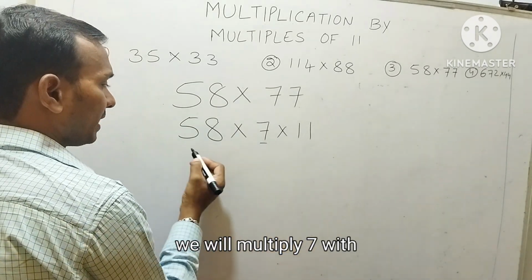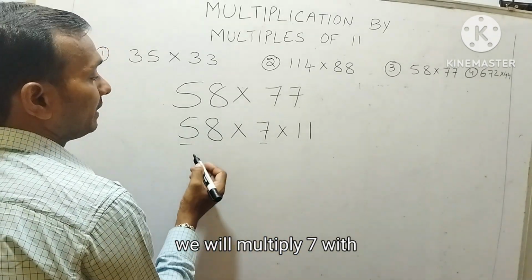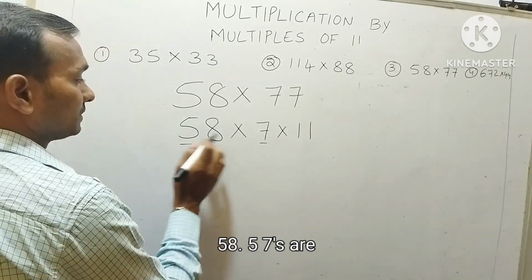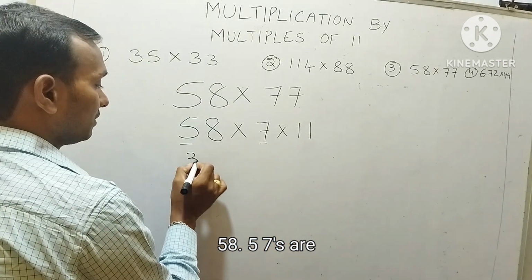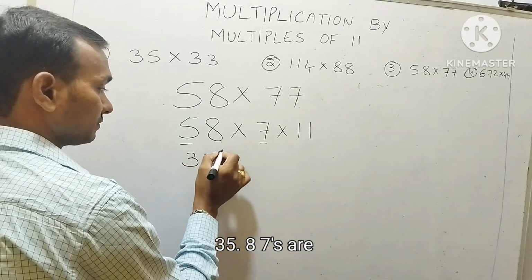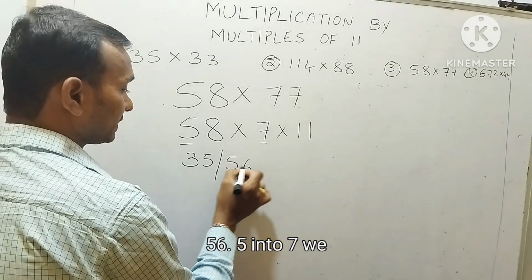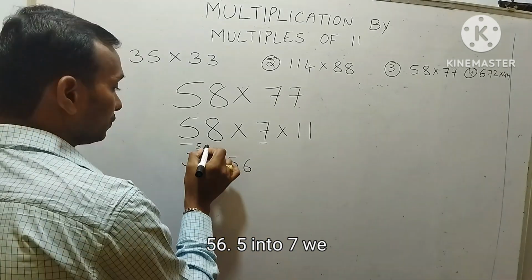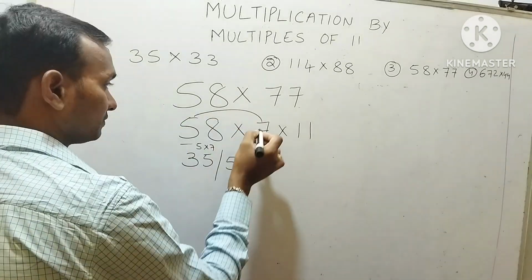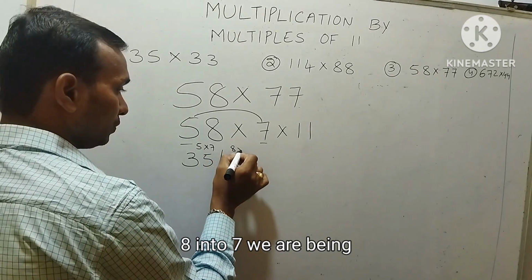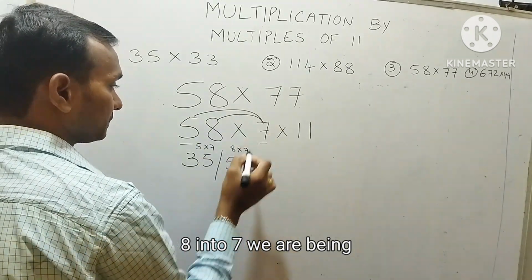So first we will multiply 7 with 58. 5 sevens are 35. 8 sevens are 56. 5 into 7 we are doing first. 8 into 7 we are doing next.